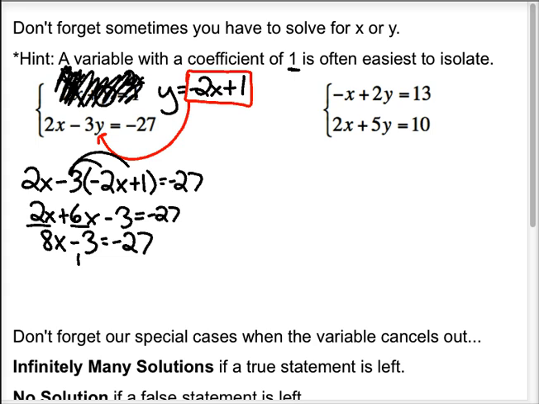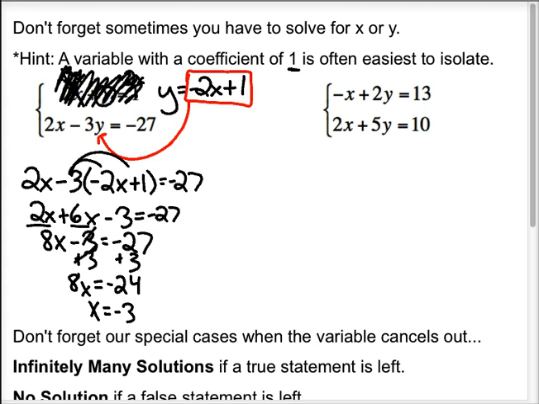I can add 3 to both sides. Now here, be really careful. So negative 27 plus 3 is going to be negative 24. And then when I divide by 8, negative 24 divided by 8 is going to leave me with a negative 3. So again, lots of algebra skills required to solve each of these systems.